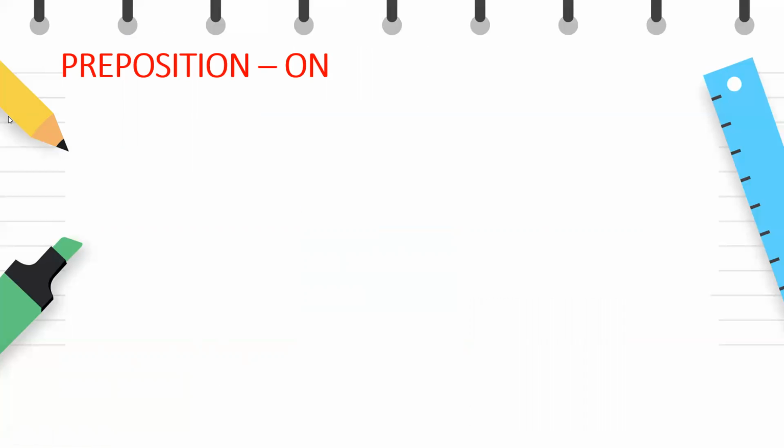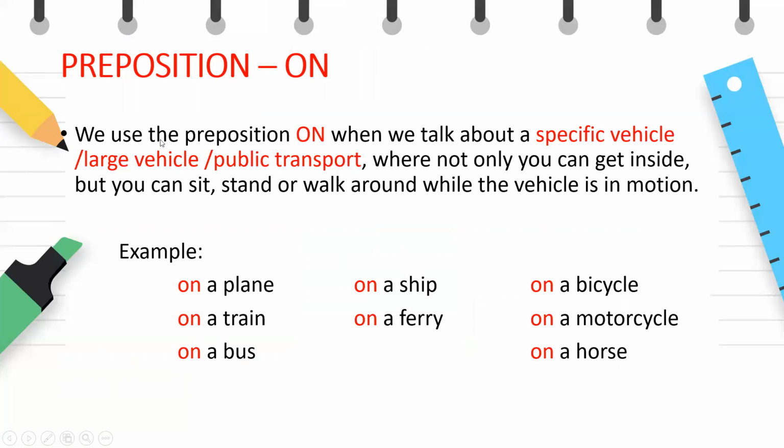Preposition on. We use the preposition on when we talk about a specific vehicle, but this is a large vehicle, or we can say public transport, where not only can you get inside, but you can sit, stand, or walk around while the vehicle is in motion.